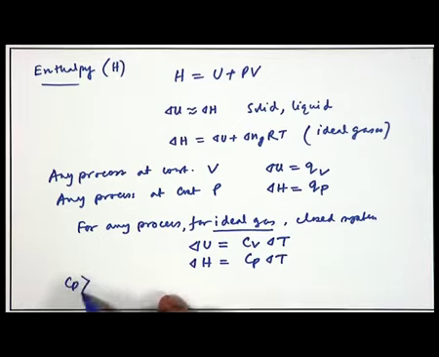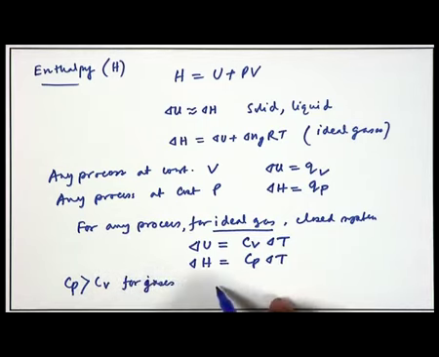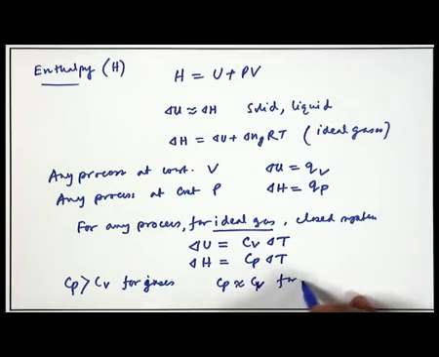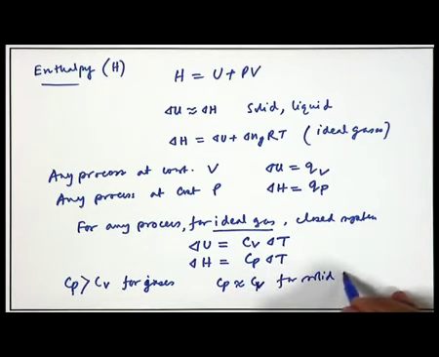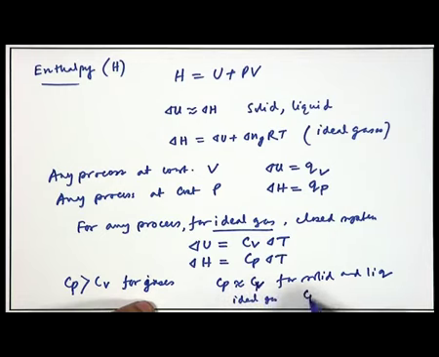C_p is always greater than C_V, mainly for gaseous substances. For solid and liquid, C_p is very close to C_V, and for ideal gas, C_p minus C_V is nR.